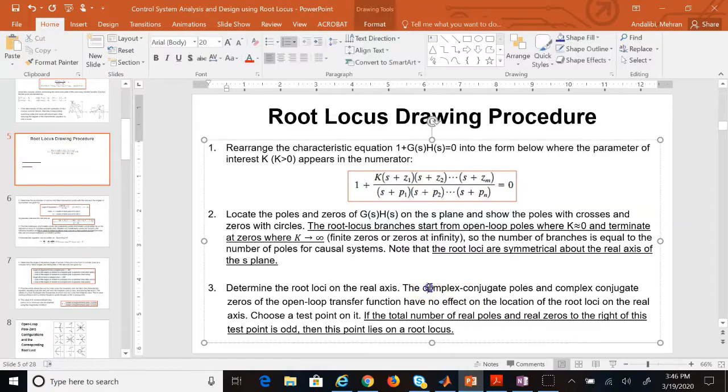The complex conjugate poles and zeros have no effect on that. The only thing is, if you choose any point on the real axis, if the total number of real poles and zeros to the right of that point is an odd number, then that point belongs to the root locus on the real axis, otherwise it does not.